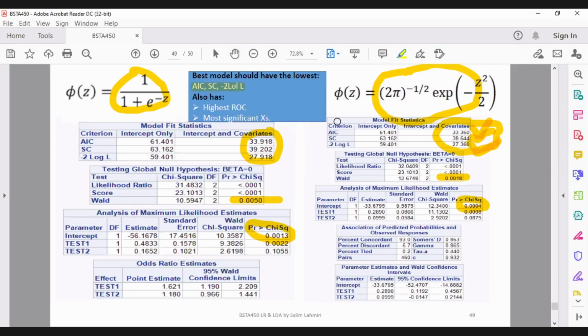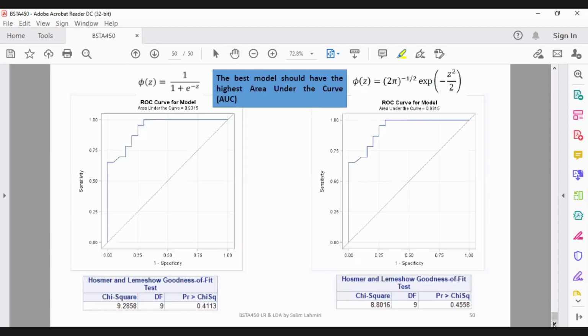Finally, the probit model is the best one because it has the lowest Akaike, lowest Schwarz, and lowest -2 log likelihood. So if you want to pick the best model, look at accuracy, look at these estimation methods, tools, and performance metrics. Now let's look at area under the curve.